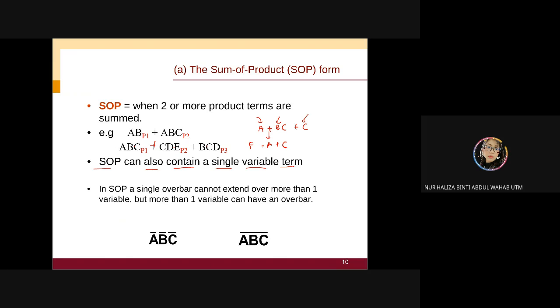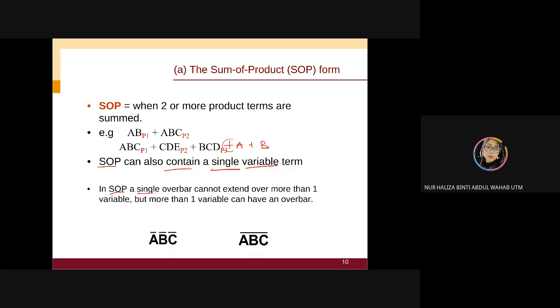You have single variables, but it's called a product, because it's like multiplying with one, and you have the addition. That's why it's mentioned here. SOP can also contain single variables. Sometimes they have A, sometimes they have B, and altogether you will sum.